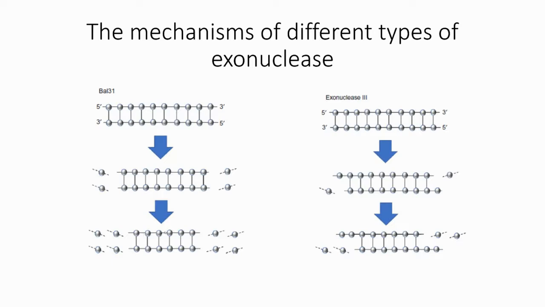Eventually, it will degrade all the DNA molecule completely, if the DNA is not bound by protein. Another one is called exonuclease 3. As you can see here, exonuclease 3 can only degrade at the 3' end. So you will see it degrade from the 3' ends. So that's exonuclease 3.